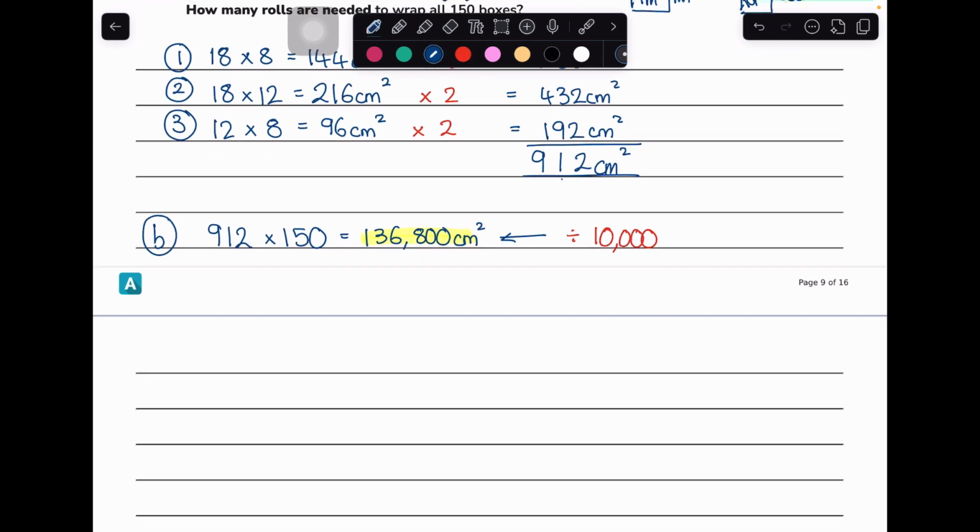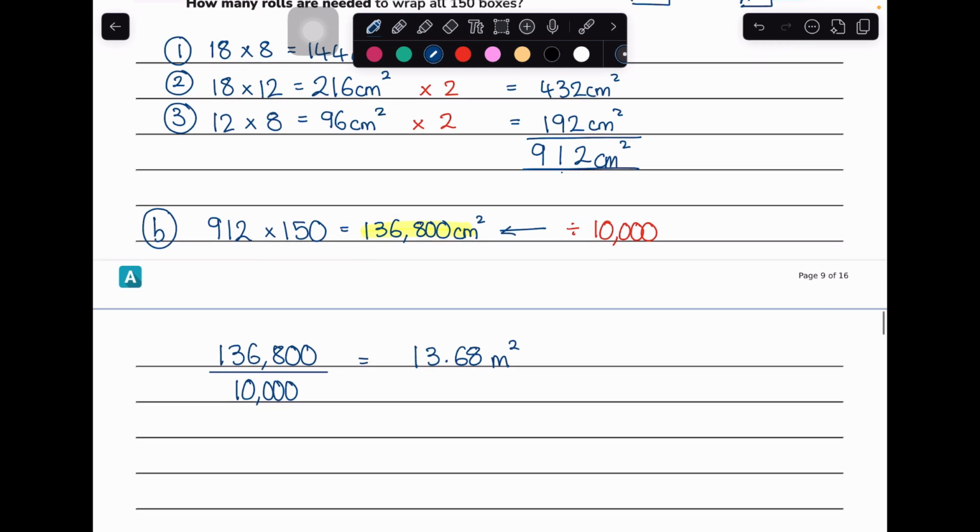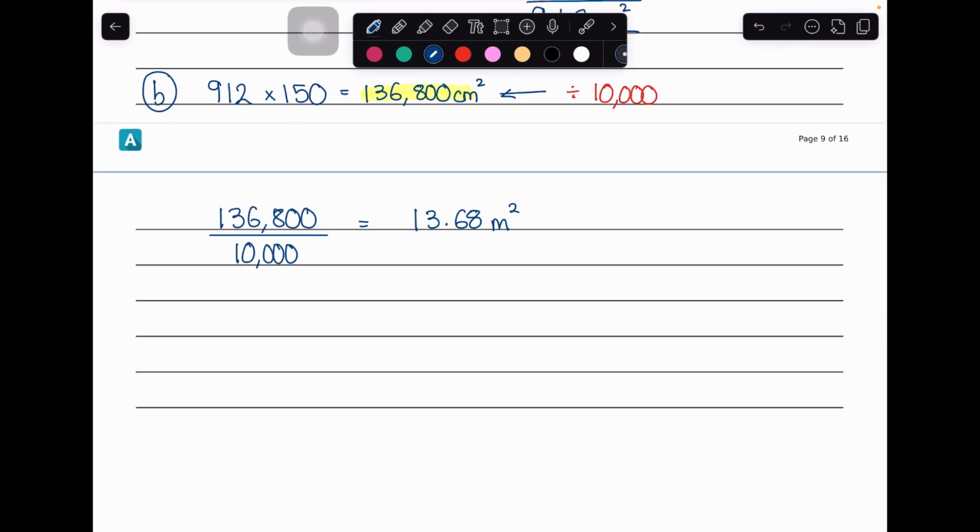Okay, so let's do that. We've got 136,800, and we are dividing by 10,000. Okay, so that's going to be equal to 13.68 meters squared. Okay, so now if I know that each roll is 2.5 meters squared, I can divide this by that.